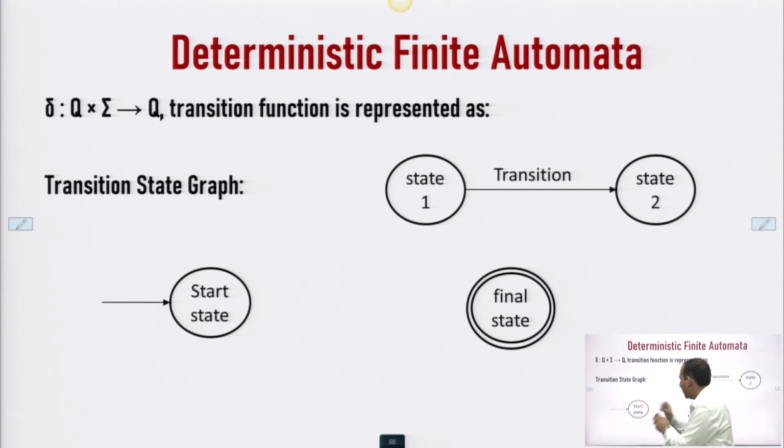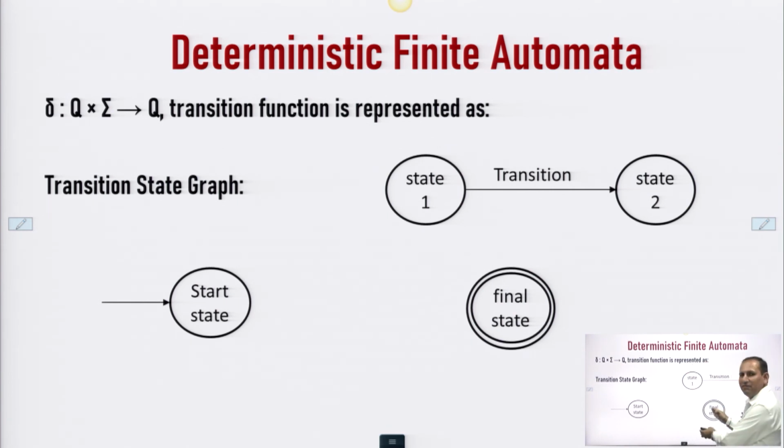Next, in the DFA, we have a final state, and the set of final states are always represented by a double circle. So, if in a diagram you see a double circle outside a state, it means that it is a final state.